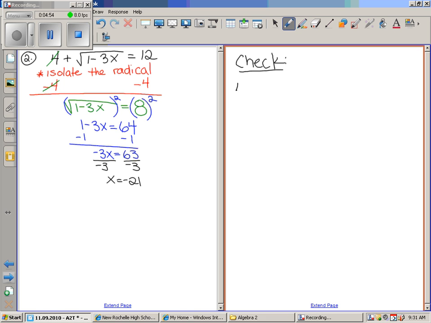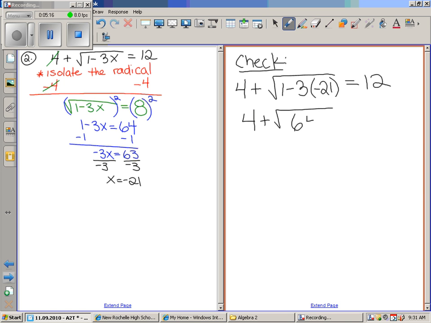We're going to take the original problem and plug in the answer that we got. Square root of 1 minus 3 times negative 21 equals 12. 3 times negative 21 is negative 63. 1 minus negative 63 is 64.